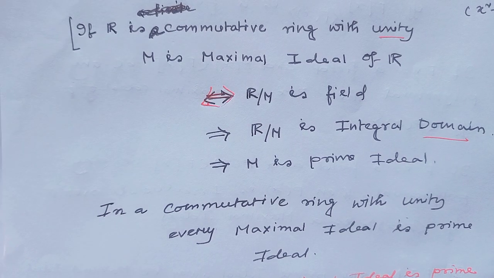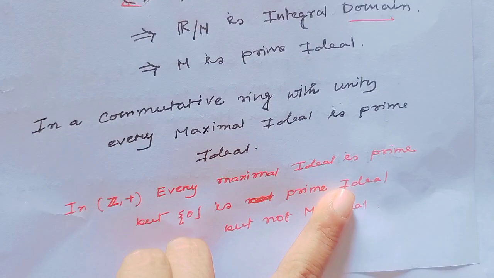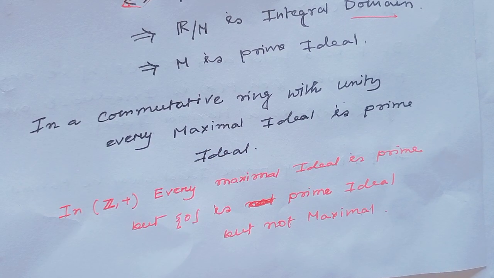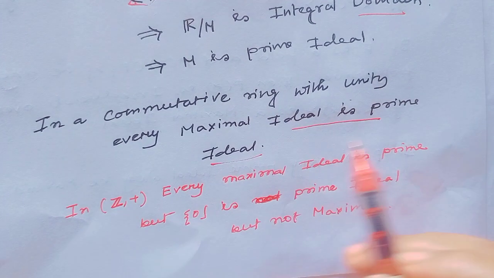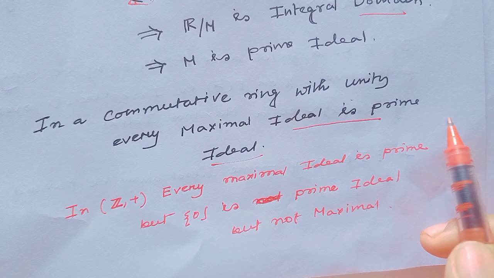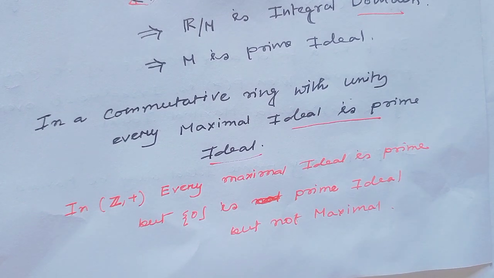In Z, if we consider the ideal generated by the single element 0, this is a prime ideal but not a maximal ideal. So every maximal ideal is prime, but a prime ideal may or may not be maximal.